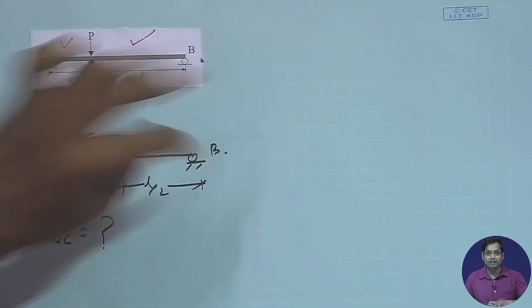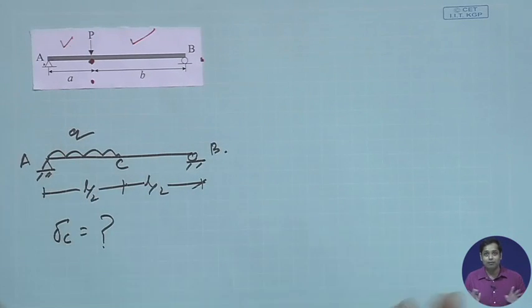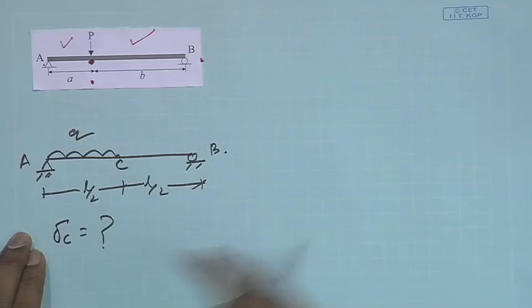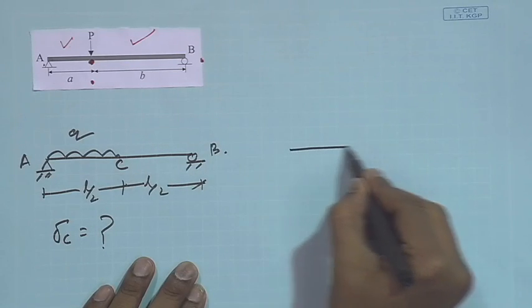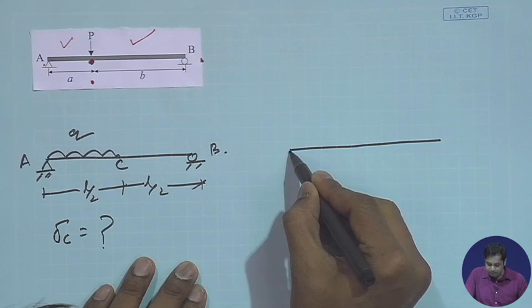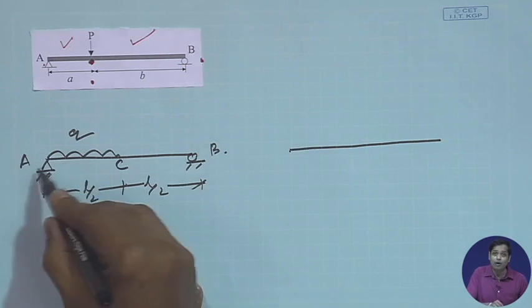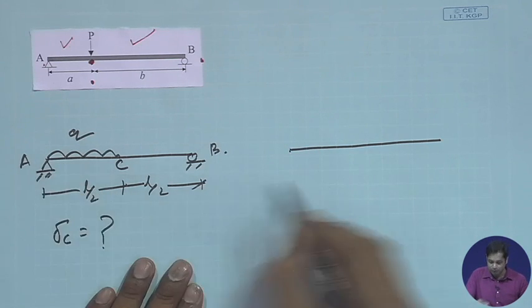We have two parts, one part here, another part here, 4 boundary conditions, 4 constants, determine those 4 constants. But we can get the solution of this problem very quickly by playing a trick. You see, there is no horizontal force, so Ax is anyway 0.